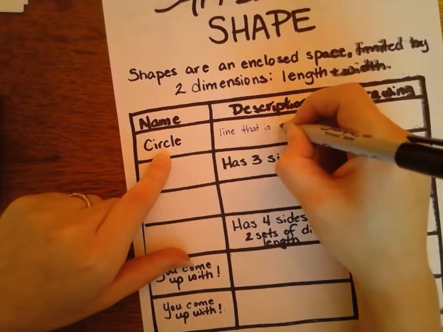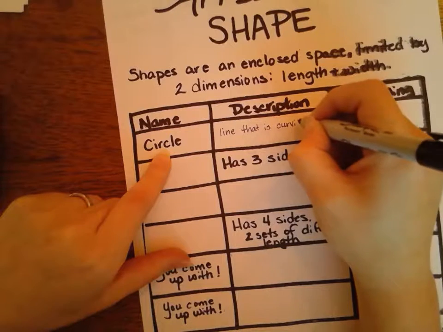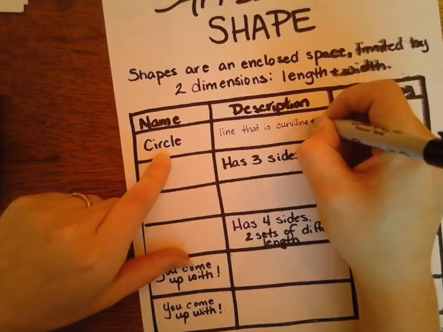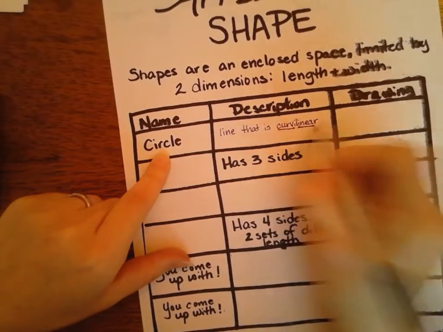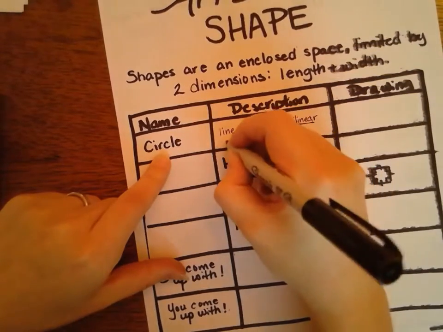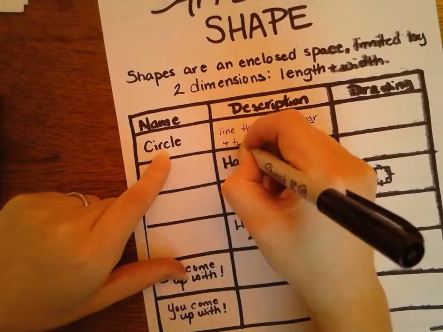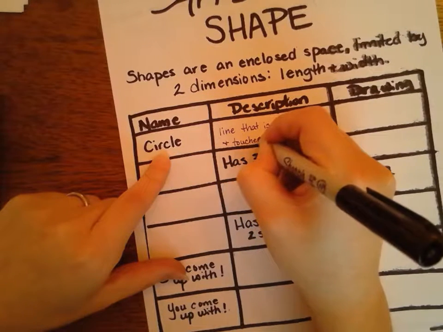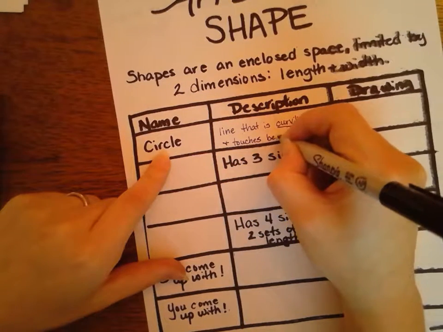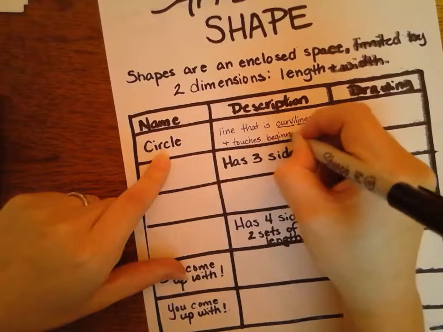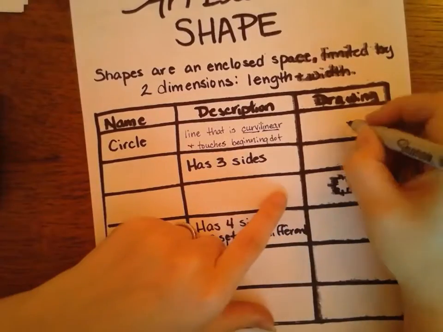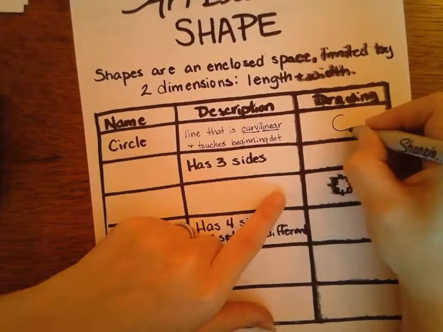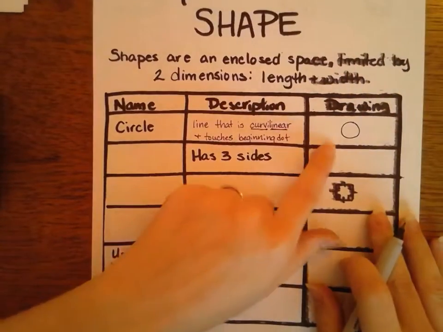Curvilinear, so curve, it's a curved line. It touches the beginning. And obviously I try to draw a circle as best I can because that's my example.